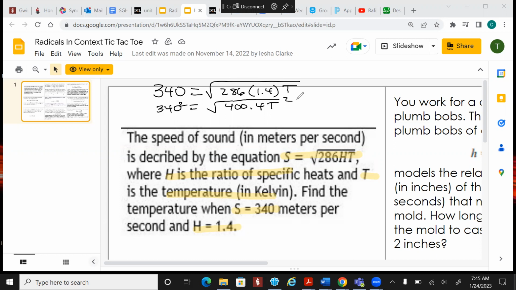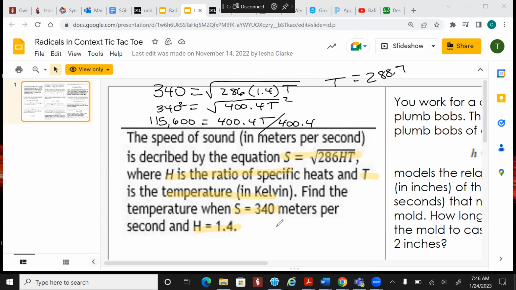So if we take 340 and we square it, that's going to give us 115,600. And then we're going to divide by 400.4 on both sides. And so T is going to be 288.7.